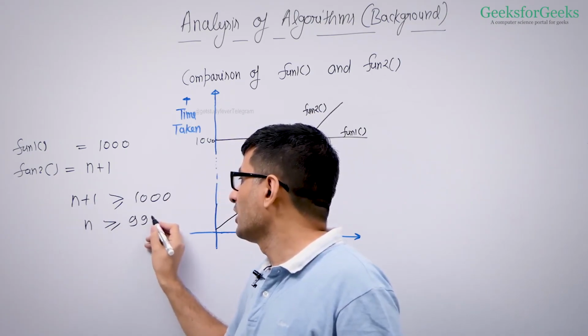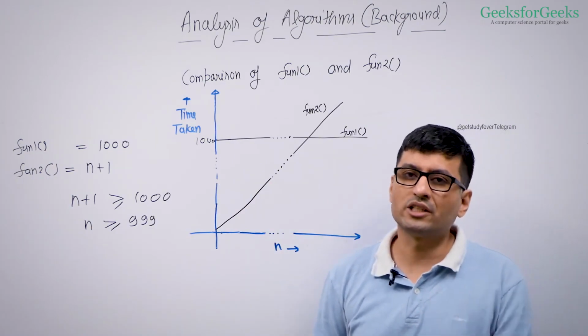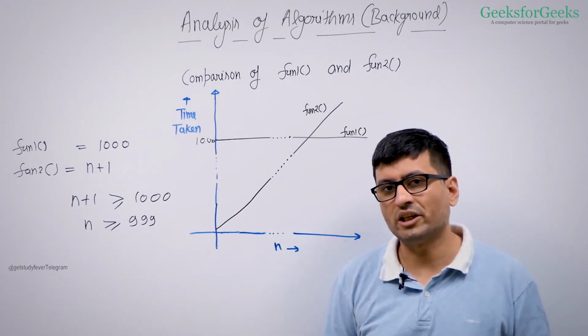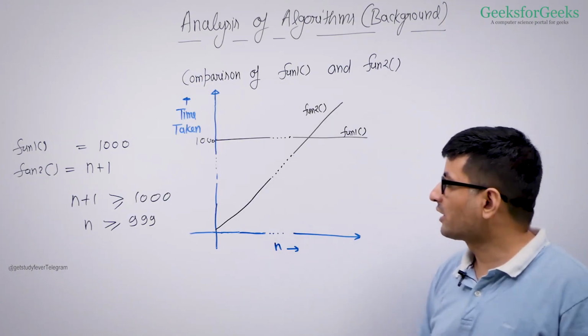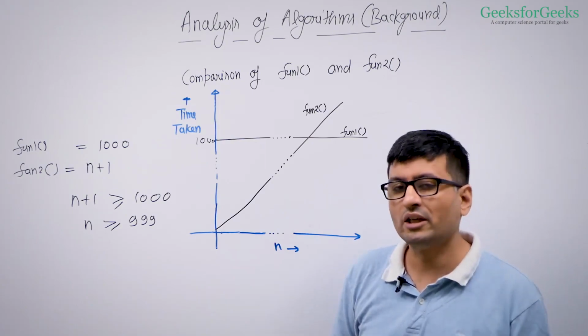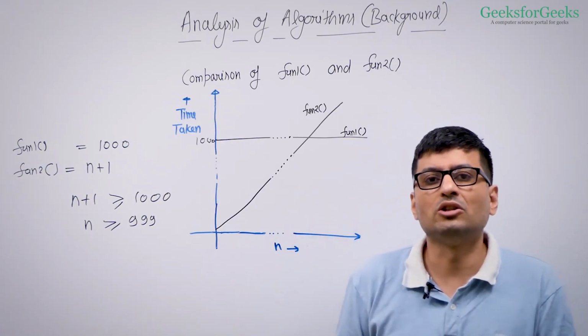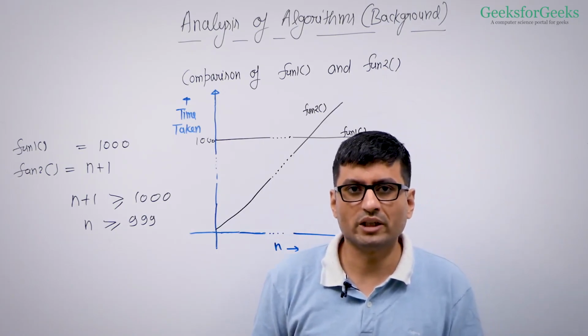Now for an input size n equal to 999, if you take this input size and the size after it, you are going to tell your friend, give some large value, maybe 1000 or 10,000, and then try to increase the value, and you will find a value where your program is going to take less time, right?